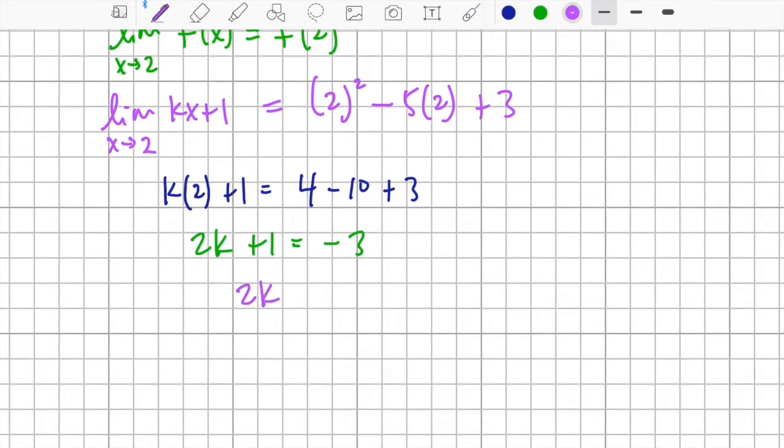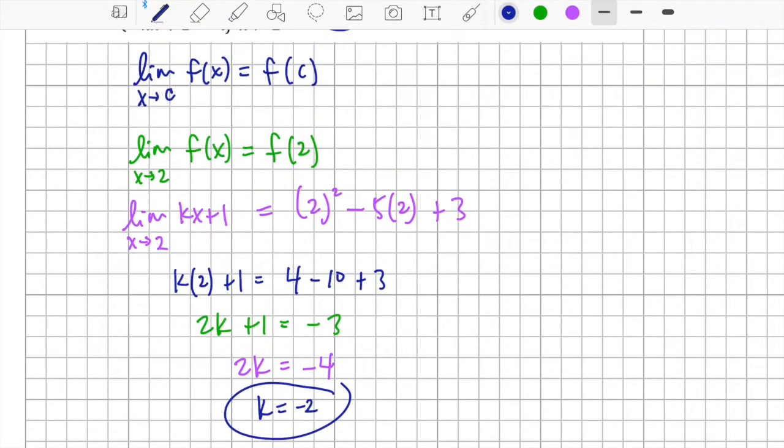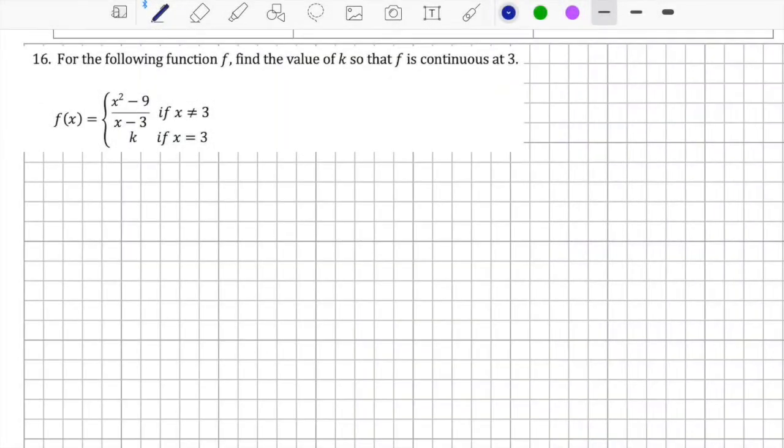To solve for k, I need to subtract 1. So 2k equals negative 3 minus 1, which is negative 4. Divide by 2, k equals negative 2. We're done. So basically, to know how to find k, you need to use this definition and then just solve for k and know your algebra, of course.